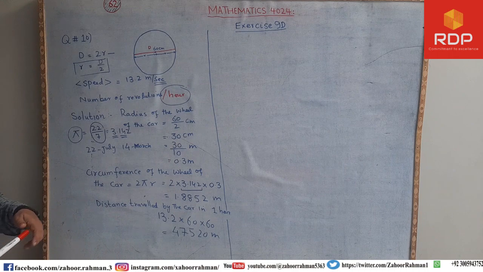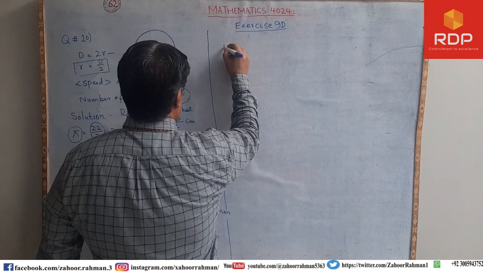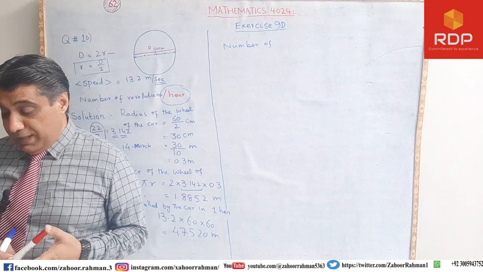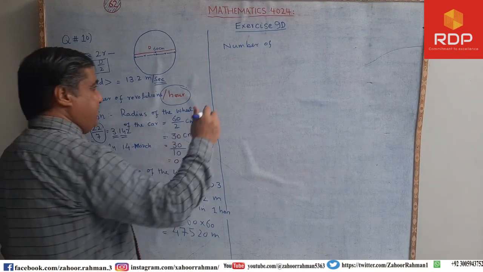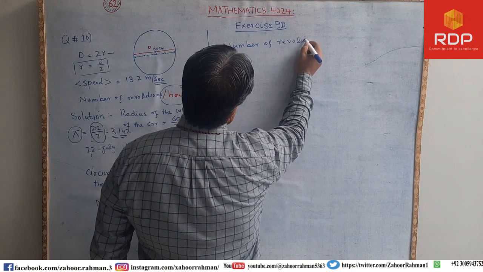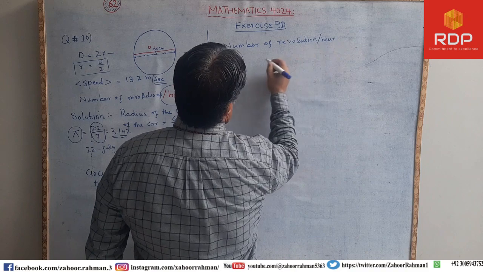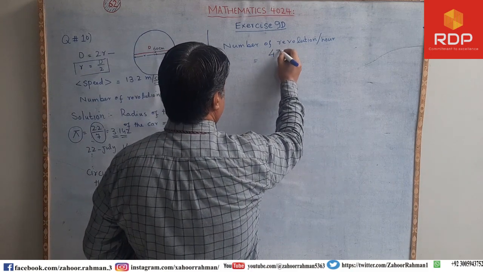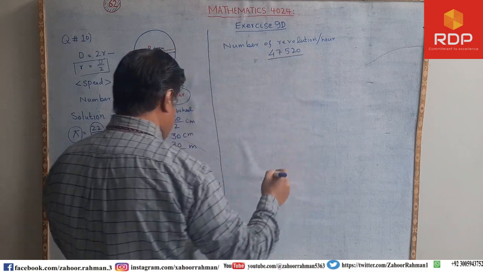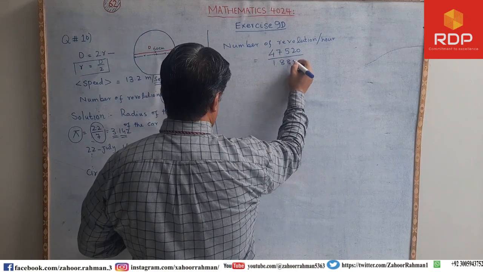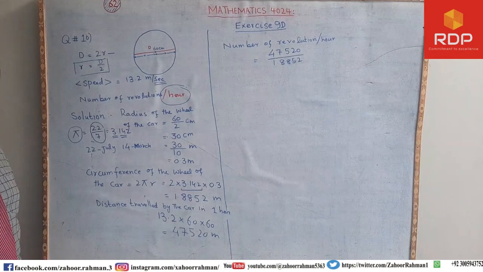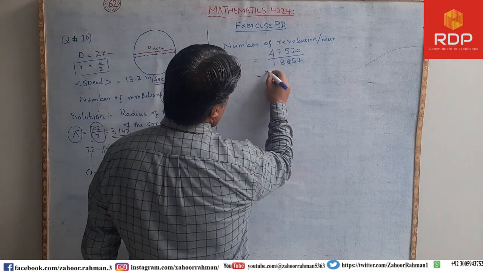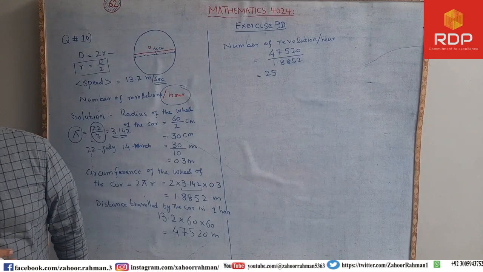Now to find the number of revolutions per hour, what will we do? The number of revolutions per hour is equal to 47,520 divided by 1.8852, with no unit. So it will be equal to 25,207.